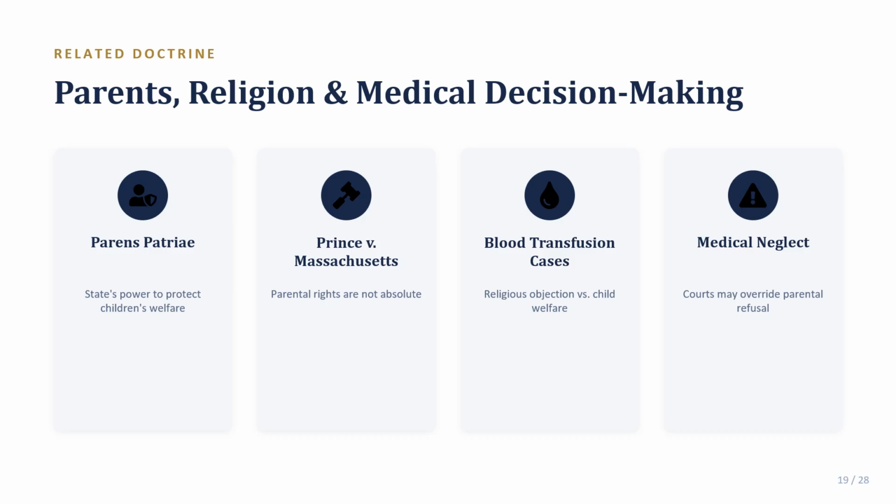Okay. But for today, we're going to focus on the fact that this authority has limits, and Prince versus Massachusetts is the case that establishes that it exists. Okay, but this slide is a useful reminder that medical autonomy doctrine is not a single uniform rule that's applied identically to every person in every situation.